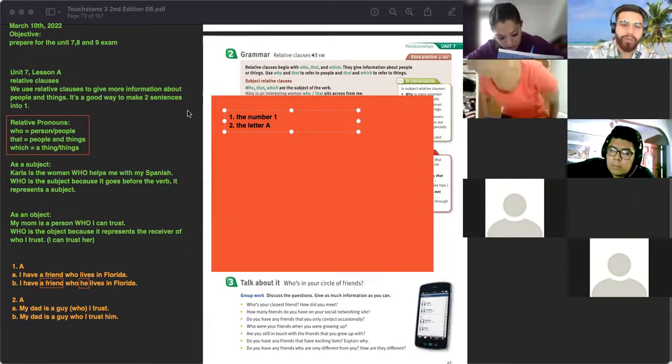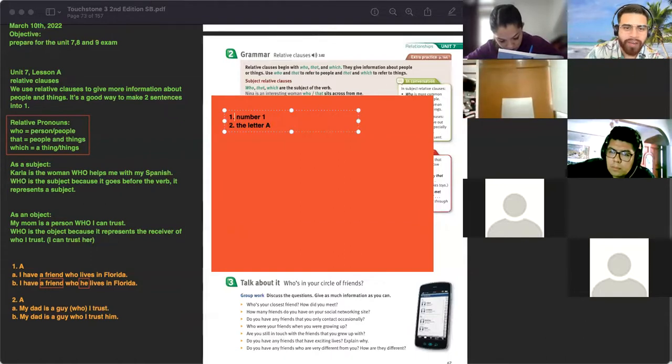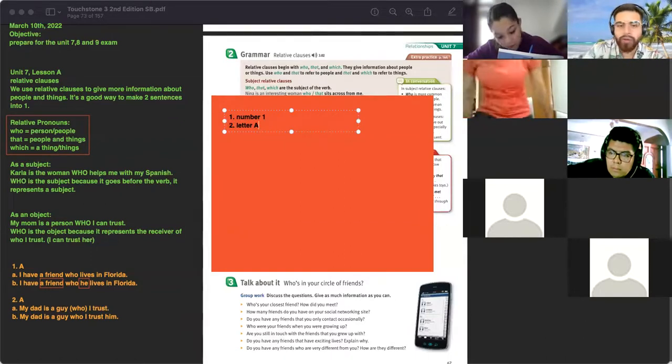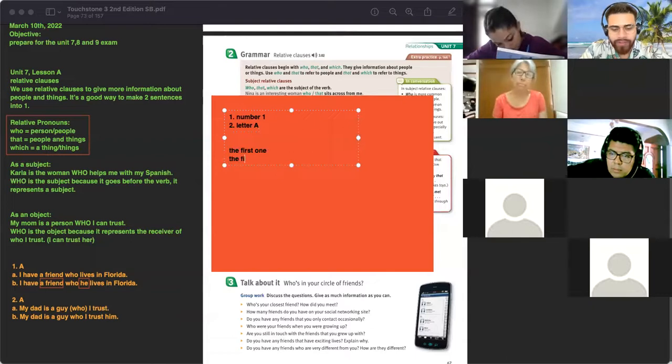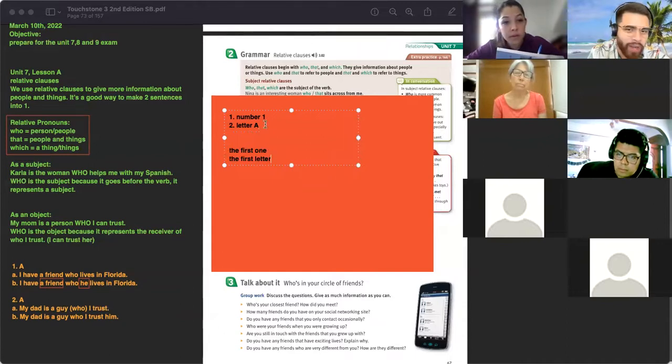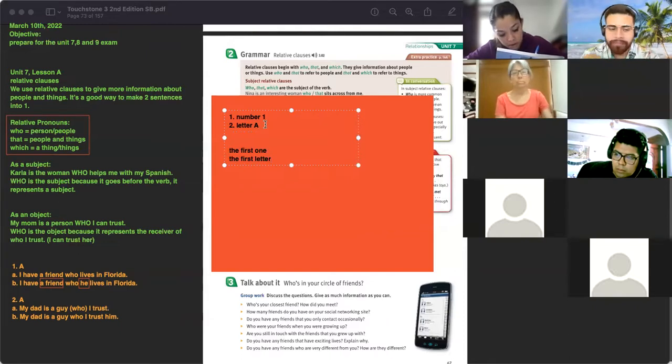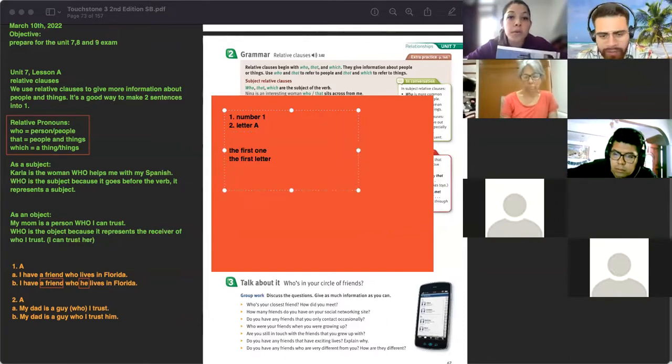Don't use the. In English we just say number 1, number 2, or you could say the first one or the first letter, but it's kind of weird to say that. You could just say number 1 or letter A, or number 2 letter B, without the. Remember that.